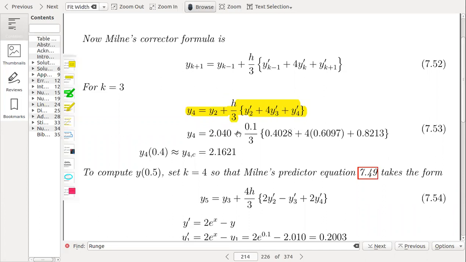Again, if we substitute the values of y2 prime, y3 prime, and y4 prime, we will have y4 equal to 2.1621, and this value we denote with y4c. So this is the corrector value.